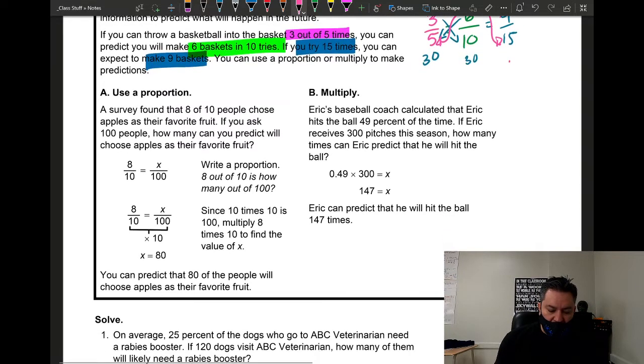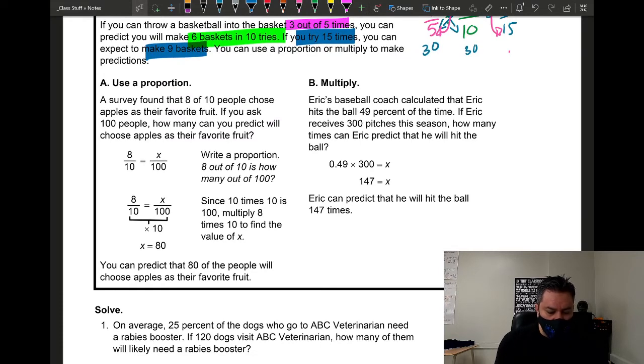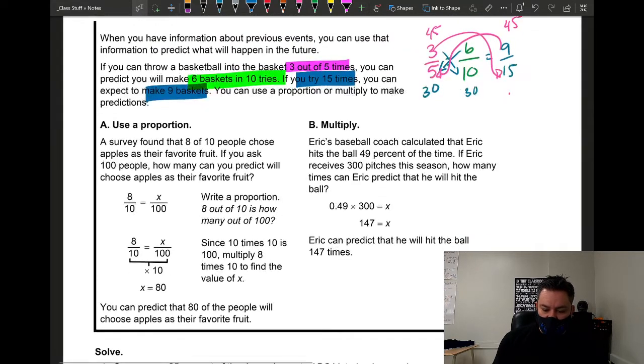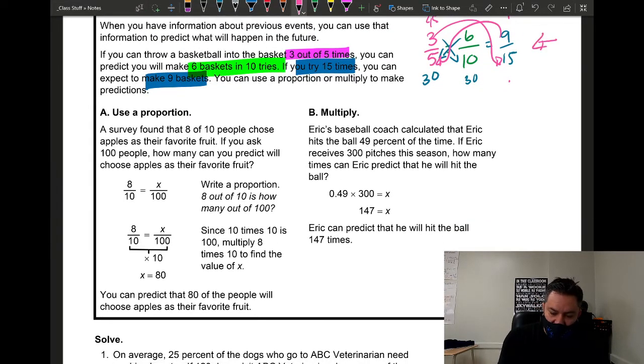Now, for example, A, it says use a proportion. This is exactly what a proportion looks like right here. The different fractions, when you simplify them, mean the same thing. So to make it easier for you and see it better, 1/2 is the same thing as 2/4. Y'all remember that?